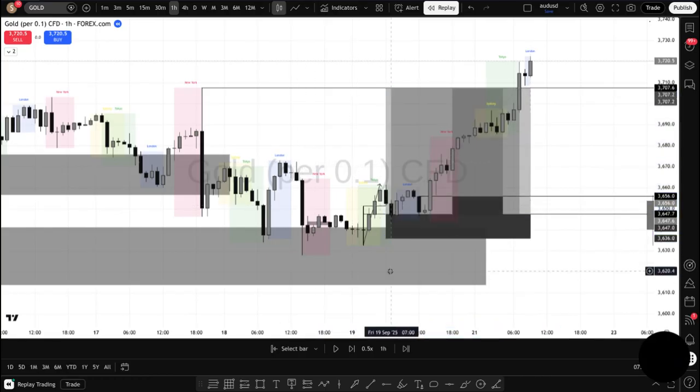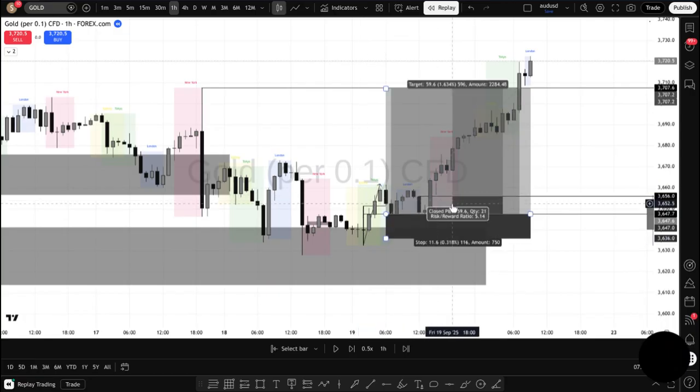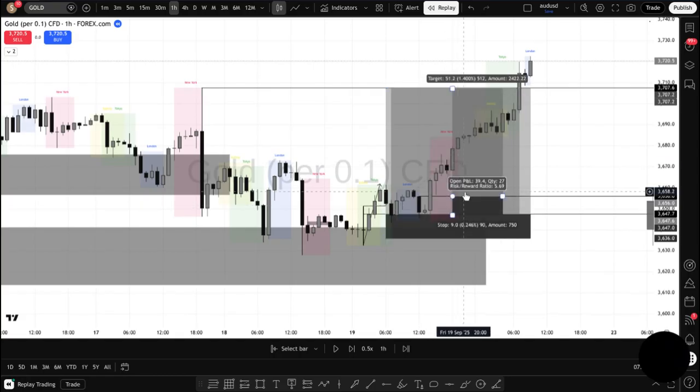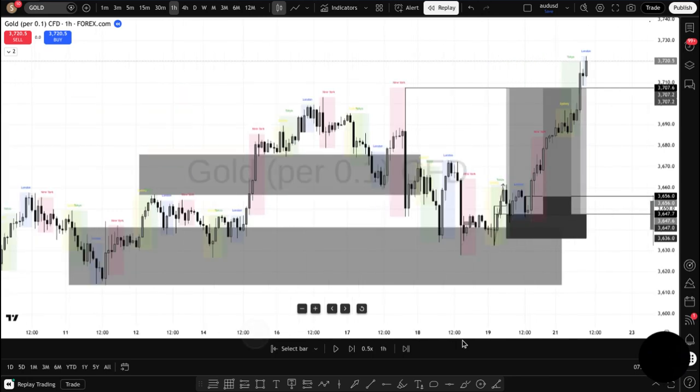Where if we had entered directly on the daily, we would have gotten 1:2 point something. Coming down to a lower time frame to look for price to create order flow legs out of this structure gives us a 1:5.14, right?